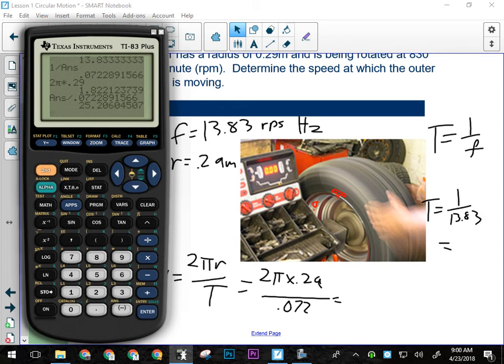So the tire is rotating at 25 meters per second. That's spinning pretty fast. You certainly wouldn't want to put your finger over there or anything. You'd get caught in the machine.